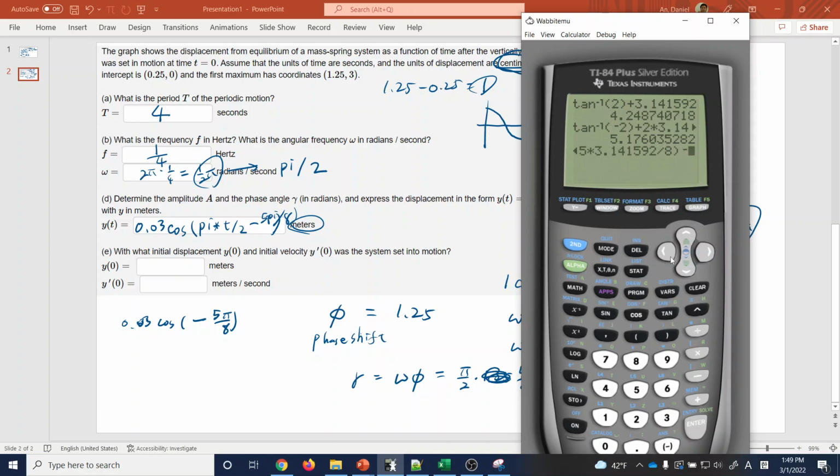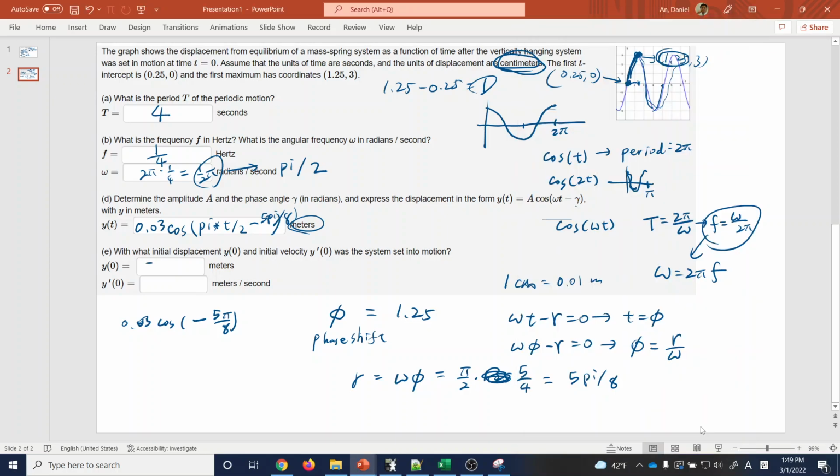And you get negative 0.01148. That's what you put in here.